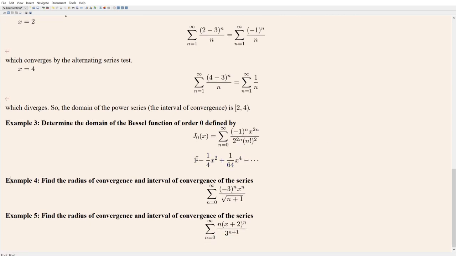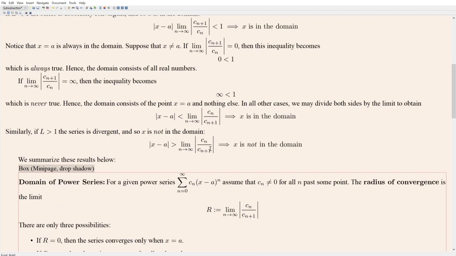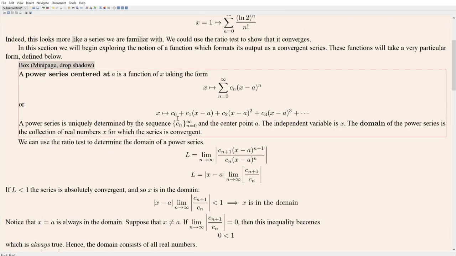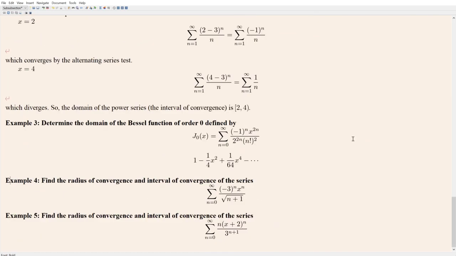But I want to draw your attention to, as I've already said, the fact that this is only looking at even powers. So what does that mean for the sequence? Well, the sequence has a term at every power, not just the even powers. So if only the even powers are showing up, then that means that C1 must be 0, C3 must be 0, C5 must be 0, and so on.